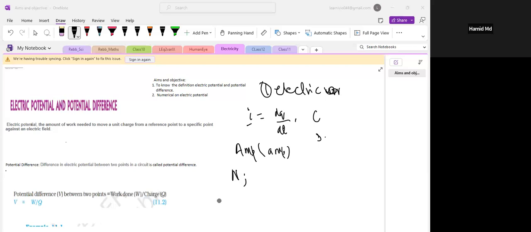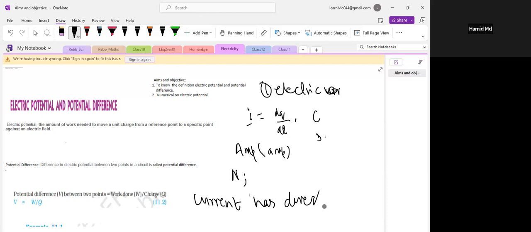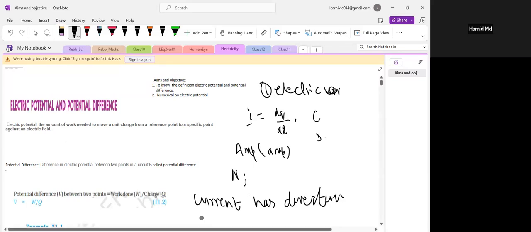So is current a vector quantity or a scalar quantity?